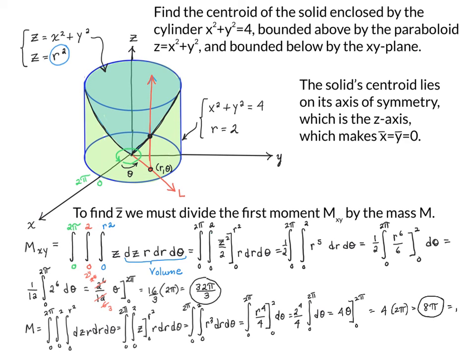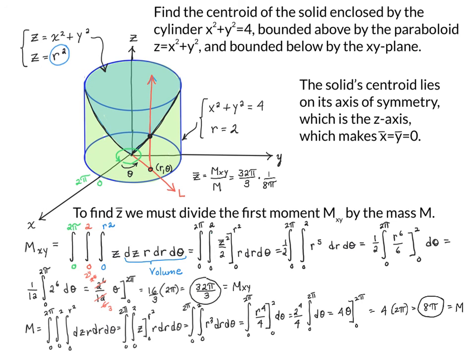Again, this is our mass, and this is our moment with respect to the xy plane. So to find the z coordinate for our centroid, it is the moment over the mass, where the moment is 32 pi over 3, and we're dividing by the mass, which means multiplying by the reciprocal, 8 pi.